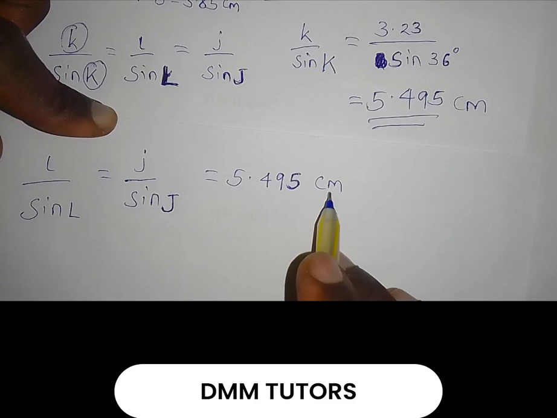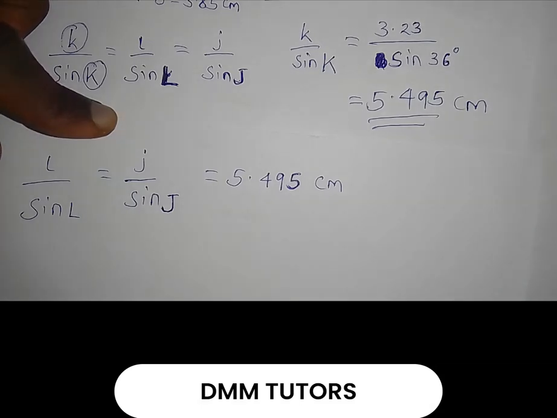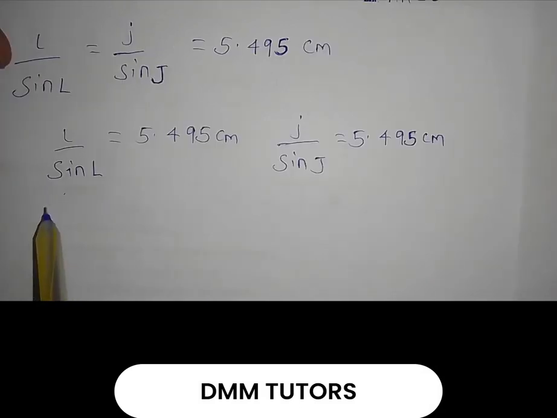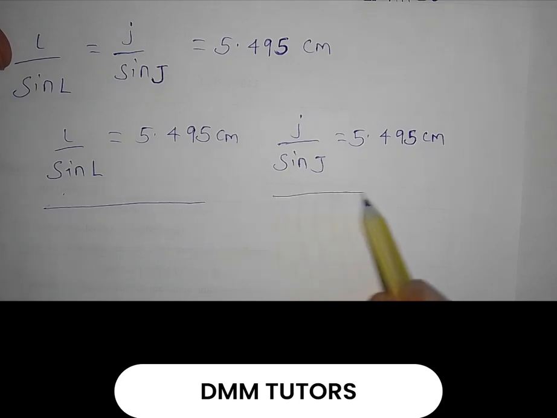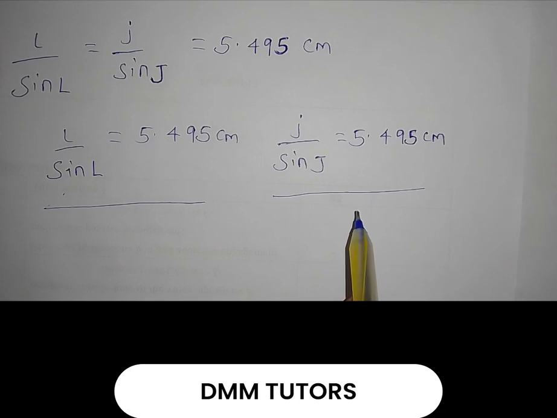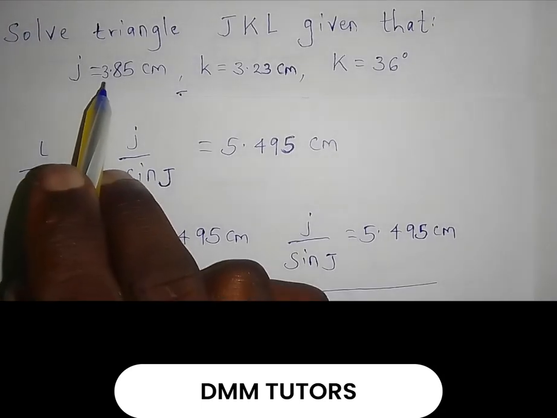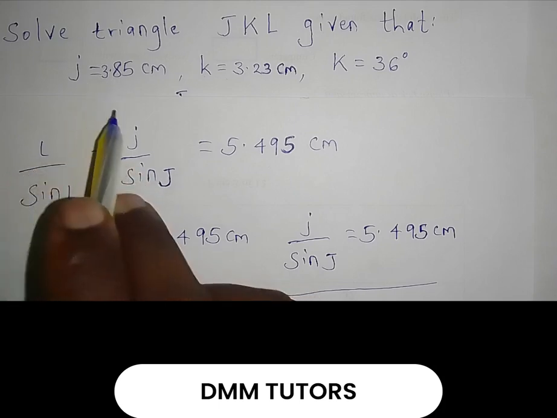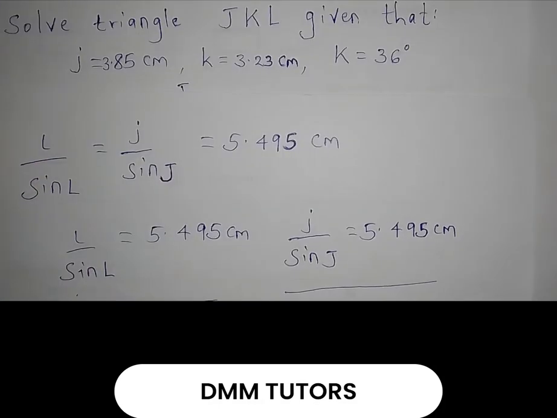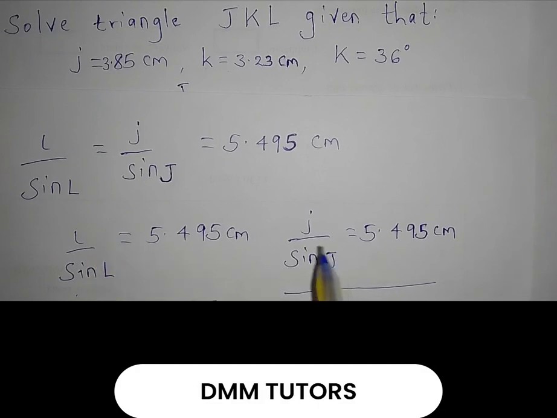It is not fully a ratio, but it has units. So we can separate them as this equation and this equation. And from our question, we were given J, which is 3.85 centimeters.